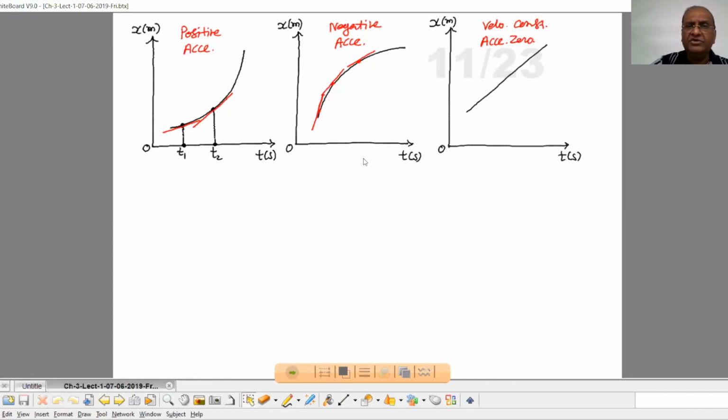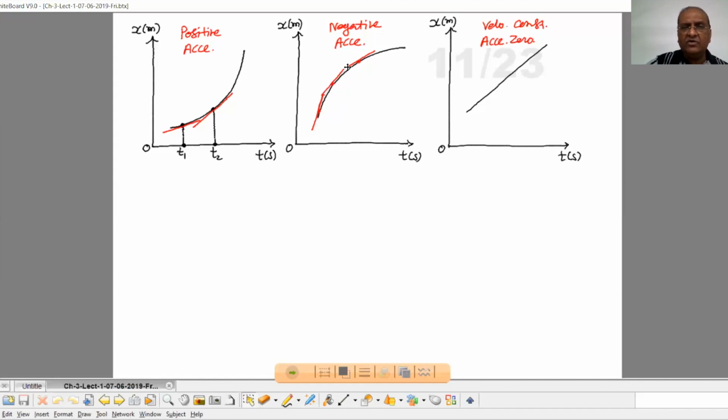Then, if the position-time graph is this type of curve as shown in the figure, then at different instants, if we take the tangents at different points on the graph and find their slopes, we can observe that the slope of this line will be less than the slope of this one.